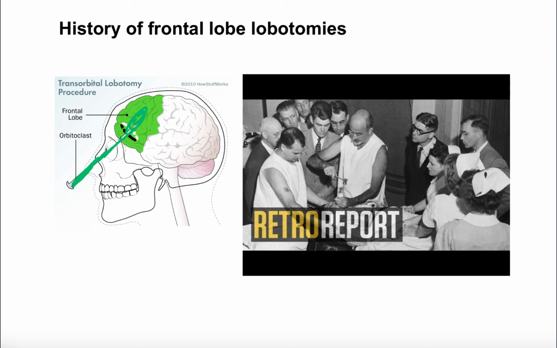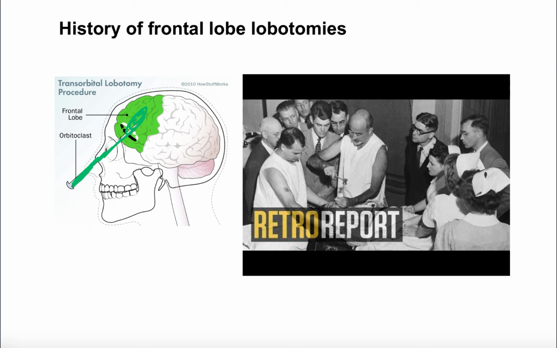So for patients that had really uncontrolled emotions and who were difficult to control in a psychiatric hospital, doing this procedure basically lowered their emotional responses, made it very hard for them to get emotional or upset about their situation. And that made them much easier to handle in a mental institution at the time.